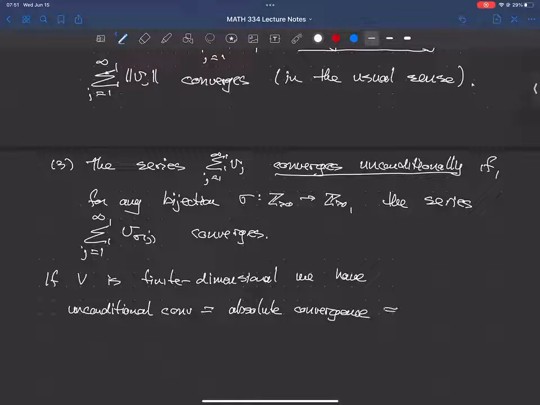And these both imply convergence. Okay, and the converse does not generally hold.